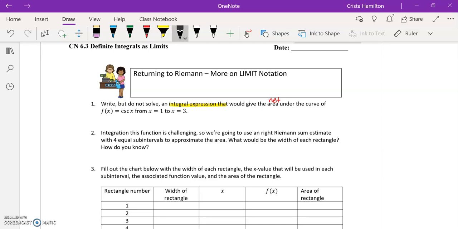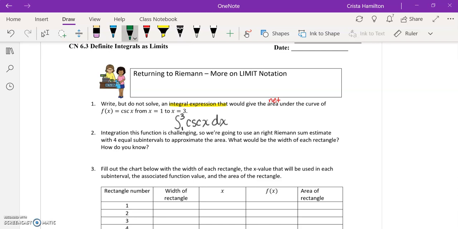So we're going to write it as a definite integral. That definite integral represents our limit of the sum of the rectangles. We're going from 1 to 3 because that's the interval of interest. Our function is cosecant of x, and then our width is our dx.